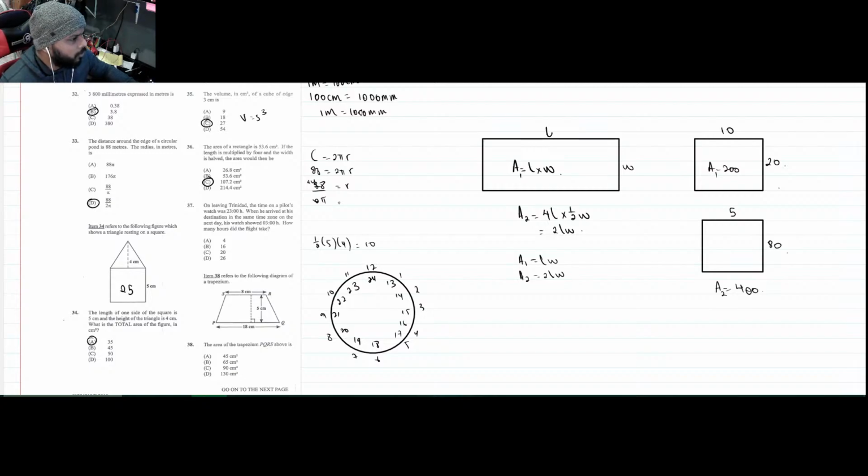So 2300 hours is 11 o'clock in the night. Arrived at his destination in the same time zone on the next day, which shows 300 hours. So 300 hours is 3 o'clock in the morning. So we traveled 1 hour, 2 hours, 3 hours, 4 hours.